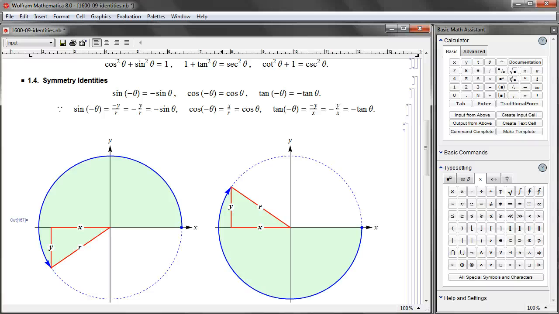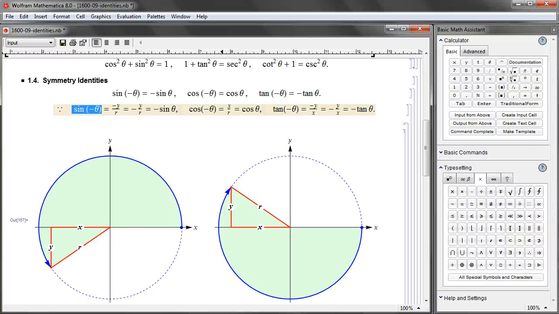On the left hand side we see the forward rotation. On the right hand side we have backward rotation, clockwise rotation. So on the right hand side we are looking at sine of negative theta, for example, or cosine of negative theta, or tangent of negative theta. Compared with this negative theta value and those y values for the positive case, the absolute values are the same.